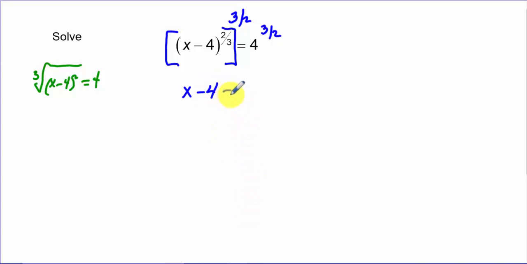Now, the only thing you're going to have to keep in mind here is that by using an index of 2, which is what this would be, you've essentially square rooted both sides. And when you square root both sides of an equation, you're going to have to make sure that you take a plus and minus.